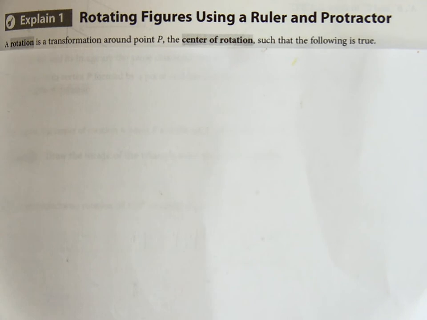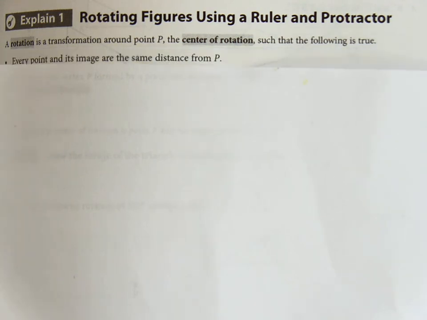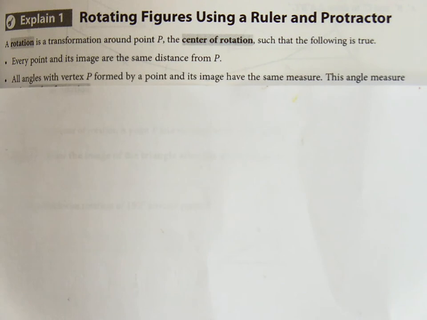A rotation is a form of transformation around point P, which is the center of the rotation, such that the following is true: every point and its image are the same distance from P. All angles with vertex P formed by a point and its image have the same measure.